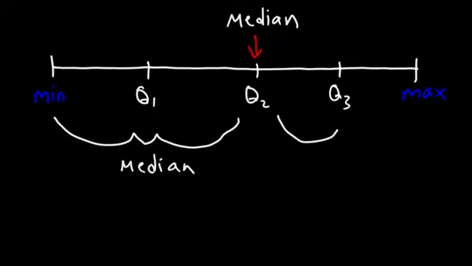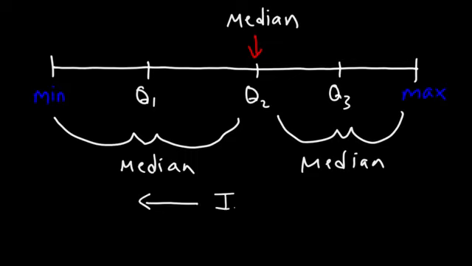And Q3 is the median of the upper half of the data set. Now the interquartile range, represented by IQR, is the difference between Q3 and Q1. So once you find Q1 and Q3, you can now calculate the interquartile range.